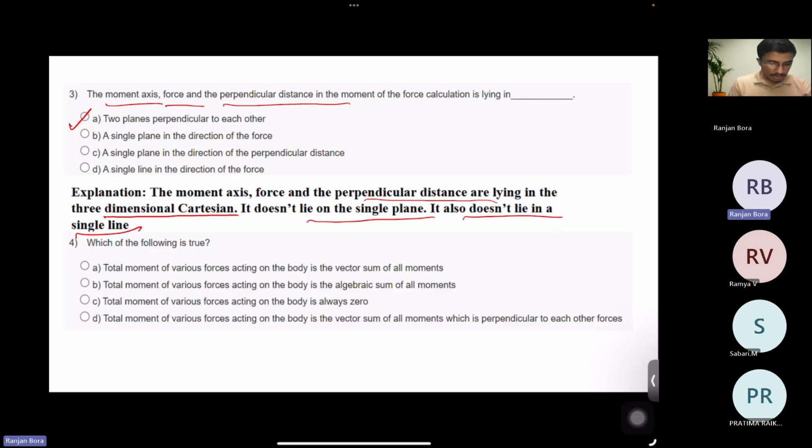Next question is which of the following is true? Four options are given.